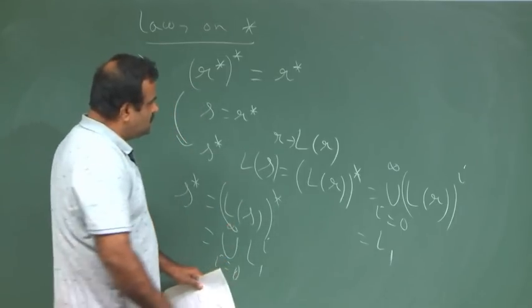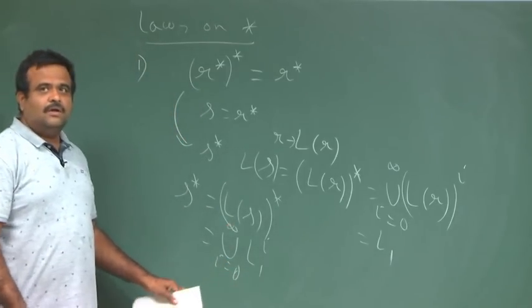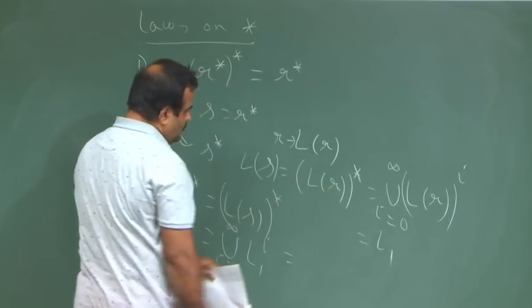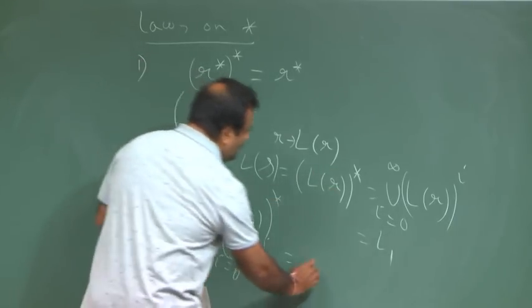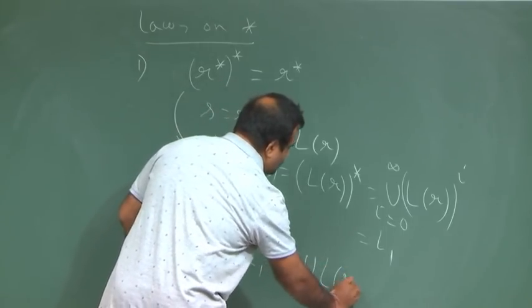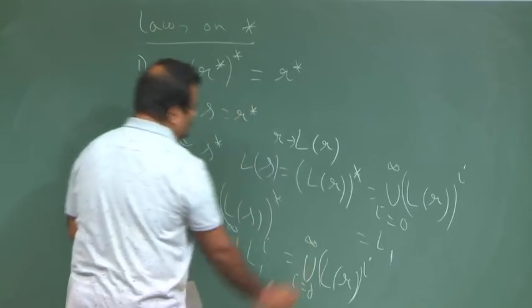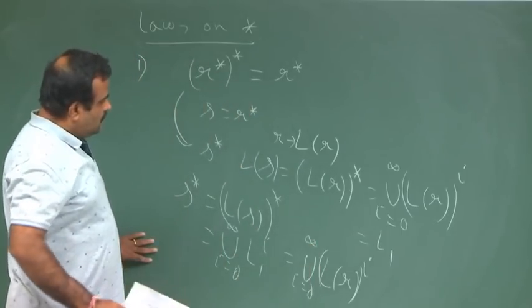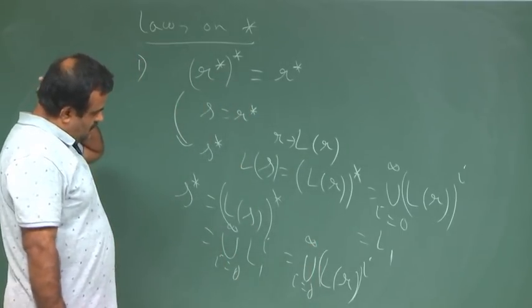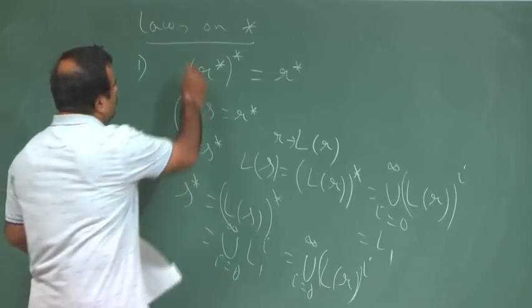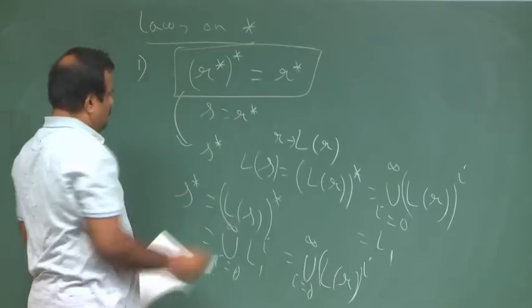But L1 is itself a union, so this is basically a double union, which is the same as the union of L of R to the power i, i equal to 0 to infinity, which is the same as this. So this is also quite obvious.